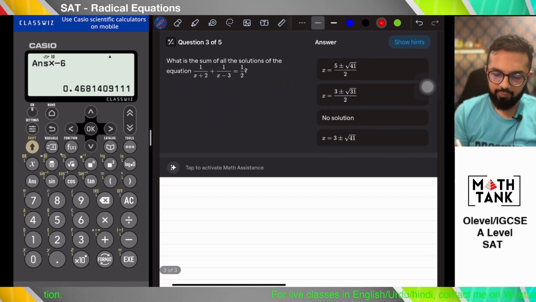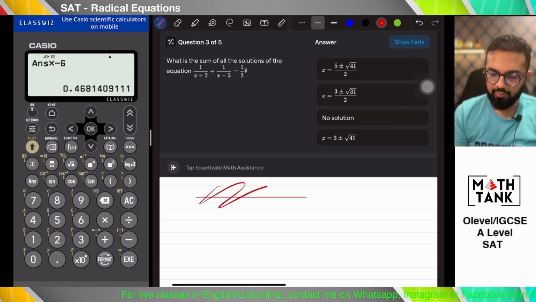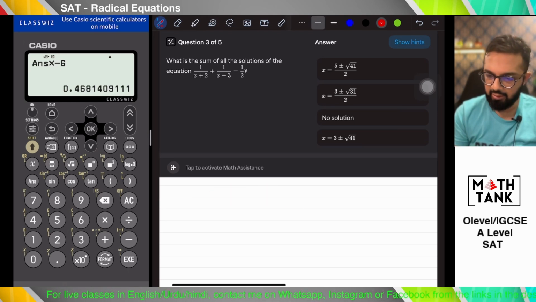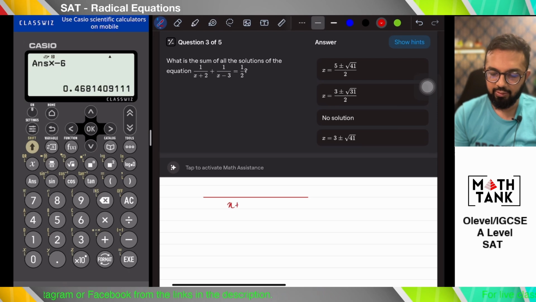Okay, moving on. I think I'm just going to put that on a calculator. I don't want to do that manually. But again, I will probably have to do that manually for a bit, so let's just do that. x plus 2, x minus 3 equals half, because I'll have to check the answer options because they're in roots and everything.